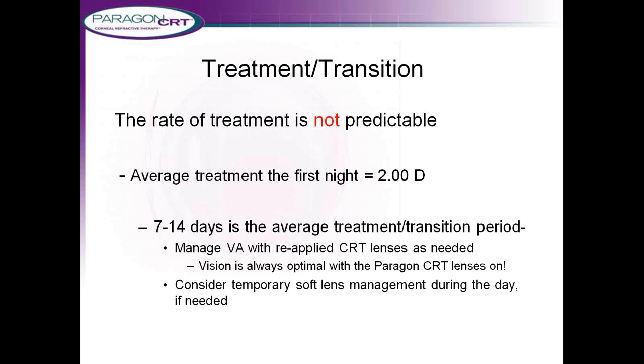Now, the vision is always optimal with the Paragon CRT lenses on. So if the patient needs to put the lenses on, if they want to read or to watch TV before they go to sleep at night, they certainly can see exceptionally well with the lenses on. You might want to consider temporary soft lenses to use to manage their visual acuity during this first 1 to 2 week period during the day.